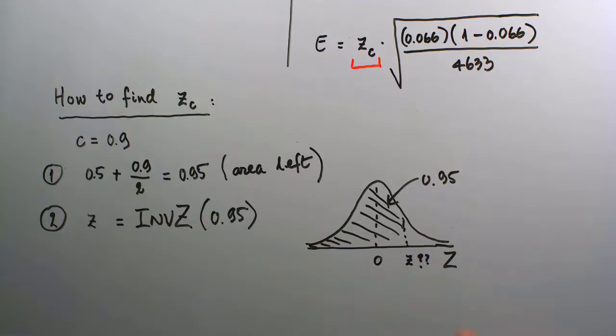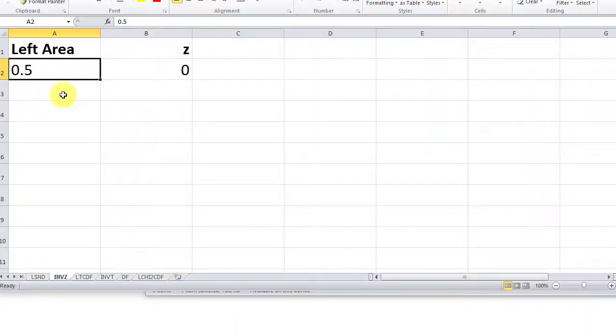So once again, a little bit back to the writing board, our left area here is 0.95. We already know the left area. We want to find out what z-score that is. For the INVZ program, I am going to enter 0.95 and hit enter.